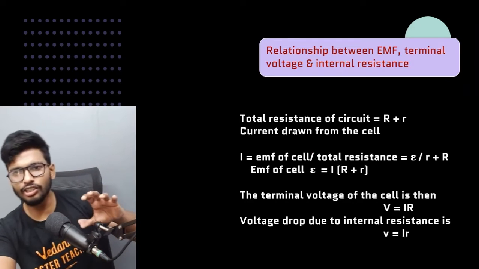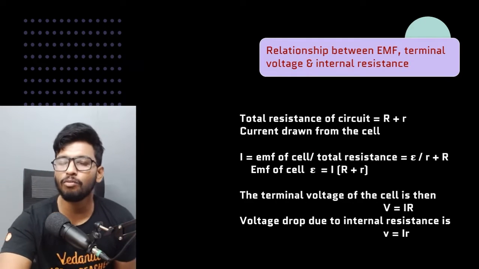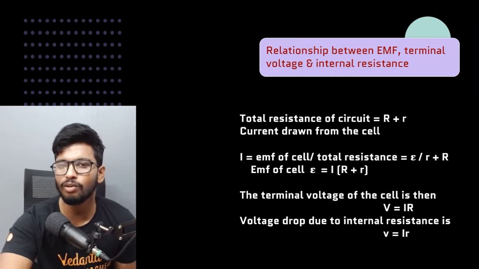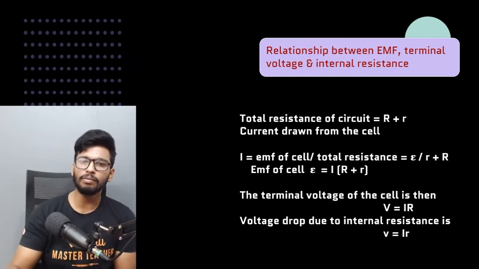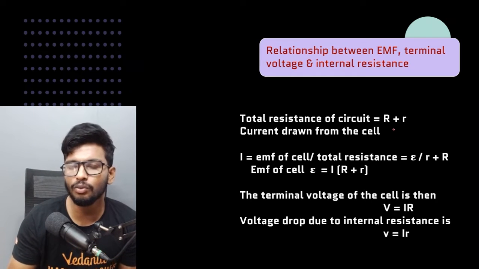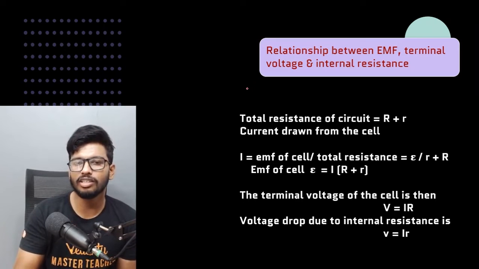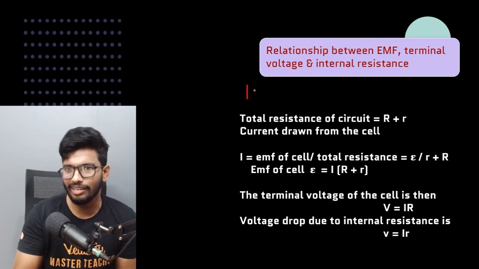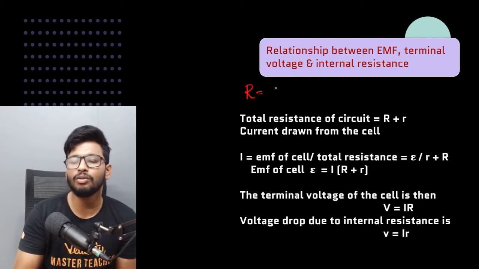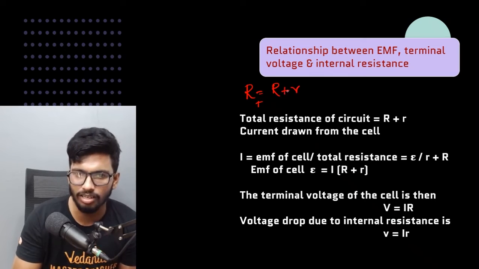Now there is another relationship between EMF, terminal voltage, and internal resistance as well, people. The relationship is actually quite simple. The total resistance of the entire circuit is RT, which is equal to the external resistance, capital R, that is the resistance of the circuit, plus small r, which is the internal resistance.